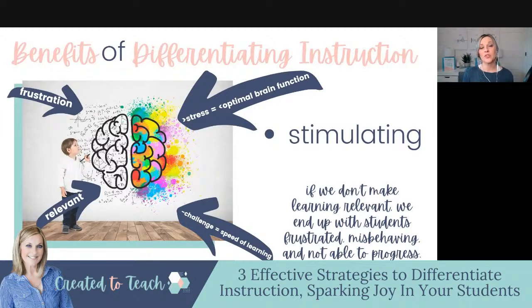And when our students have more stress, they have less optimal brain function, okay? Also, the challenge that they are given equals the speed of their learning. So if it is too challenging, it's going to affect their learning. If it's not challenging enough, it's going to affect their learning.